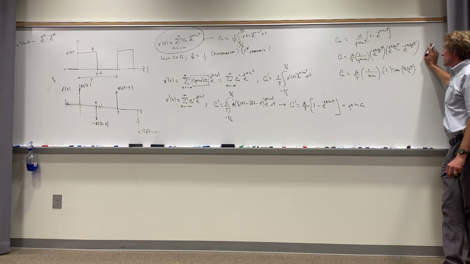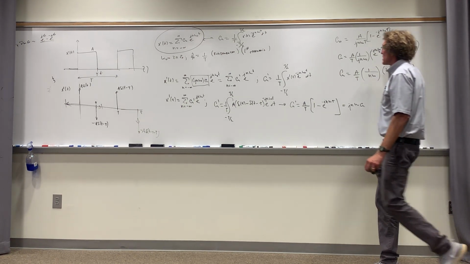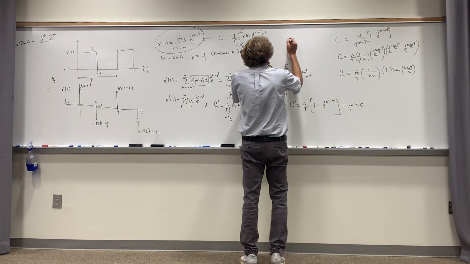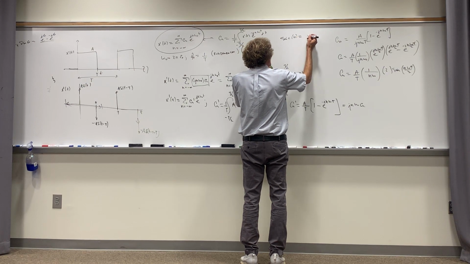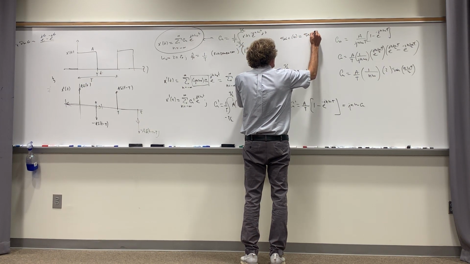Now, there's one more step I can do. Does anybody want to take a guess at what I'm going to do next? Nothing? All right. You remember that sinc of x is equal to sine of x over x?